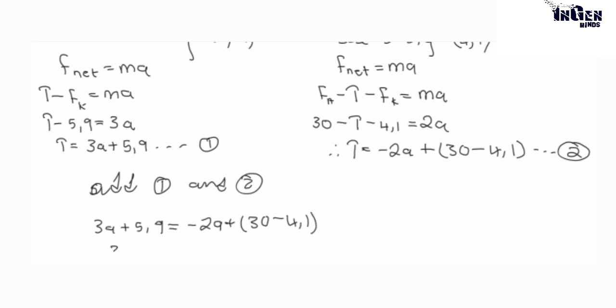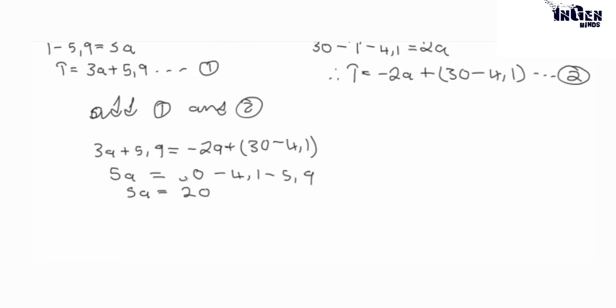Just gonna group everything on one side, so we're gonna have 5A equivalent to 30 minus 4.1 minus 5.9, which is almost like 30 minus 10, which is gonna give us 20.